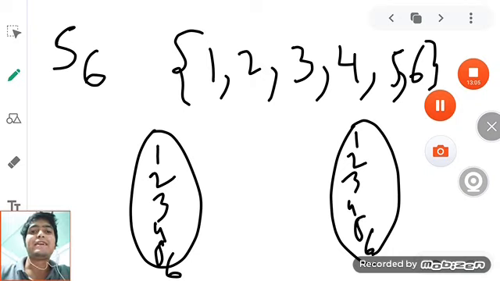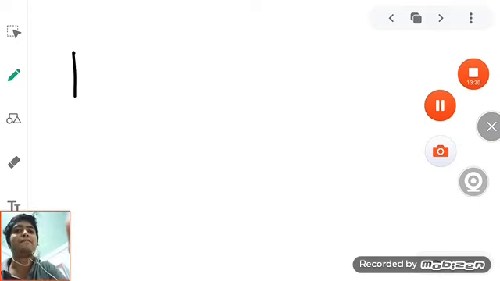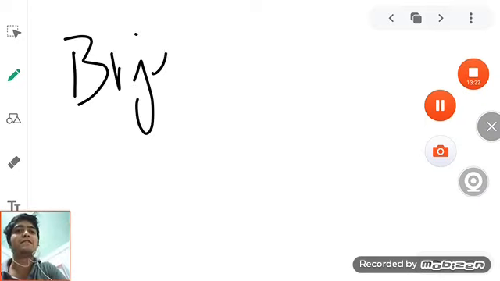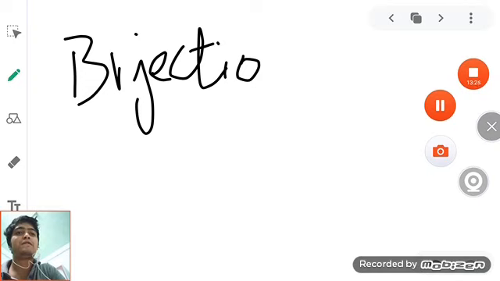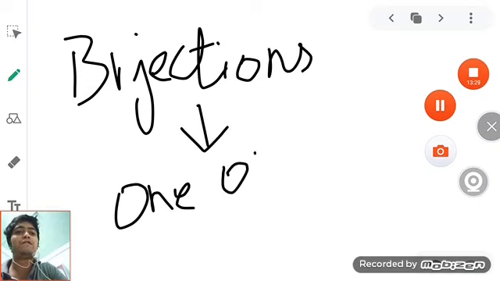Just like I said, if the set is a set of matrices, it will contain matrices. But if the set is a symmetric group, it will contain bijections. What is a bijection? A bijection is a one-one onto function.